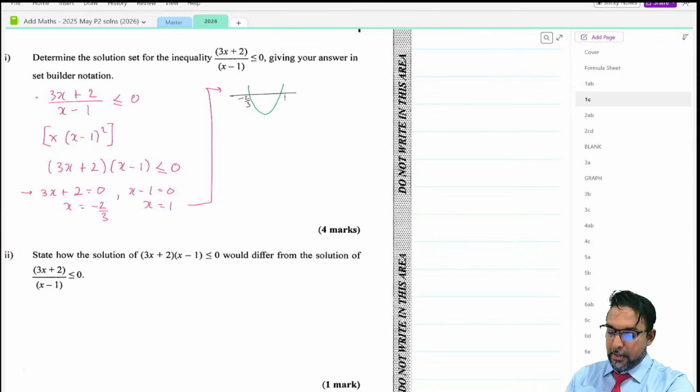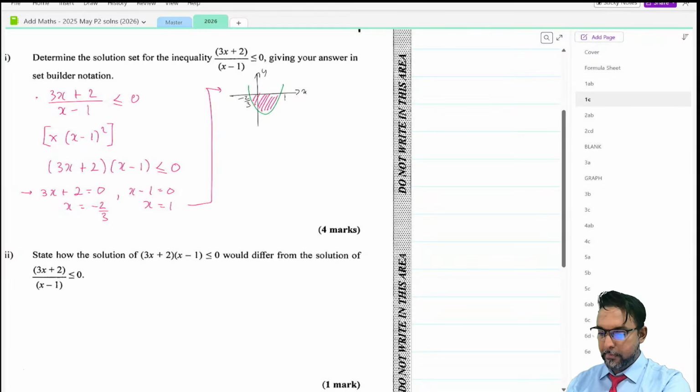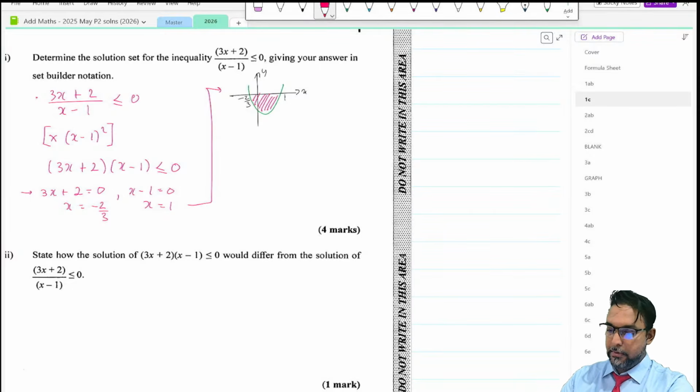All right, the y-axis will be around here, and they want less than or equal to 0, yeah? So that'll be inside of here, the part below the x-axis, which corresponds to the negative aspect of the y-axis. Okay, cool. So our solution set here would be as follows, all right?